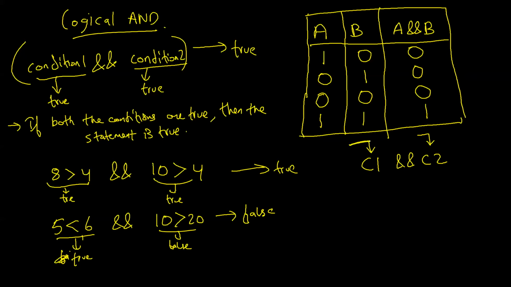But if you get false as the first condition, then there's no point in going here, right? If in the first condition only it is false, then it doesn't matter what the output of the second condition is, it is false, right? Both of them need to be true, correct? So that's exactly what is called short circuiting.